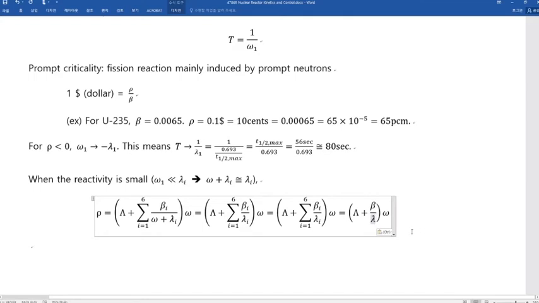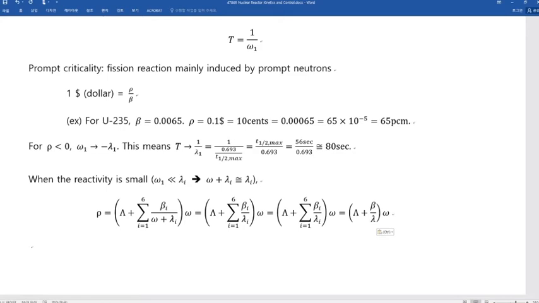And also, previously we calculated that, when, was it? So page 124.